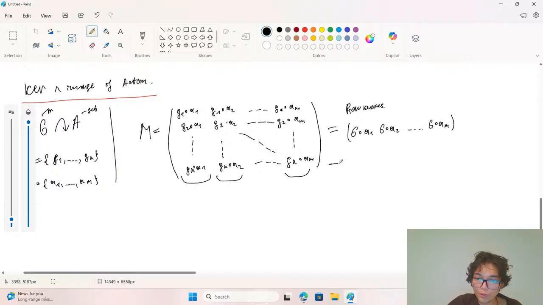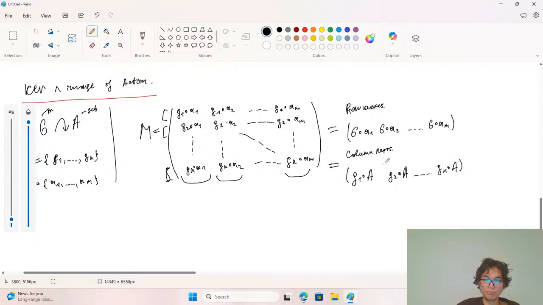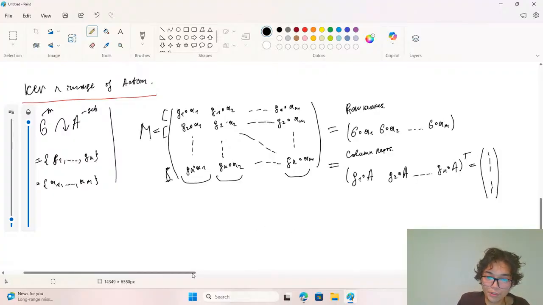And here I also wrote it down in a column representation, in a way that we consider row by row. So it's G1 acting on set A, G2 acting on set A, and so on and so forth, Gn acting on set A. Transposed, of course, it's a column. Let me write it down like this. I'm doing this to save some space. I hope you understand it.